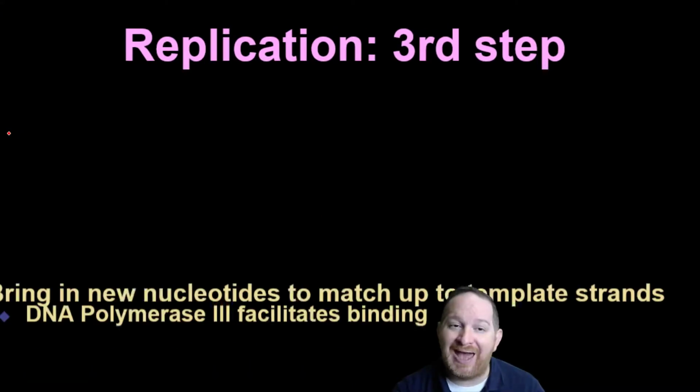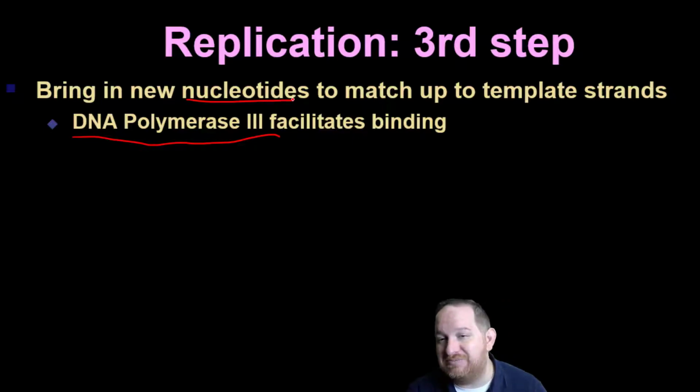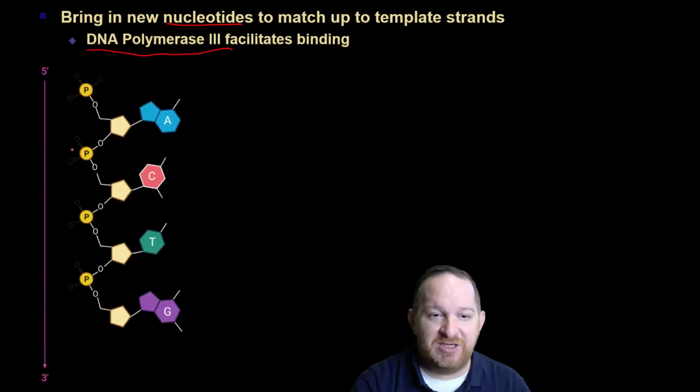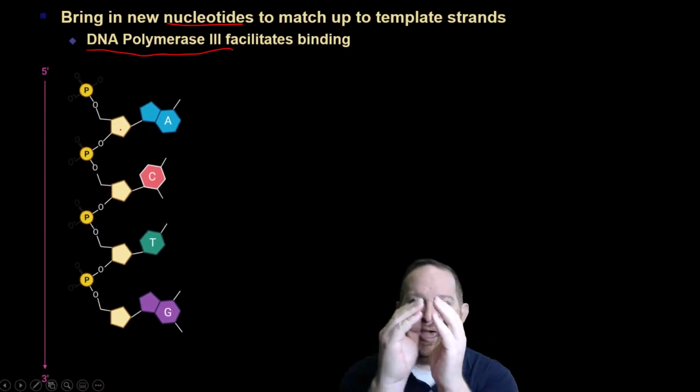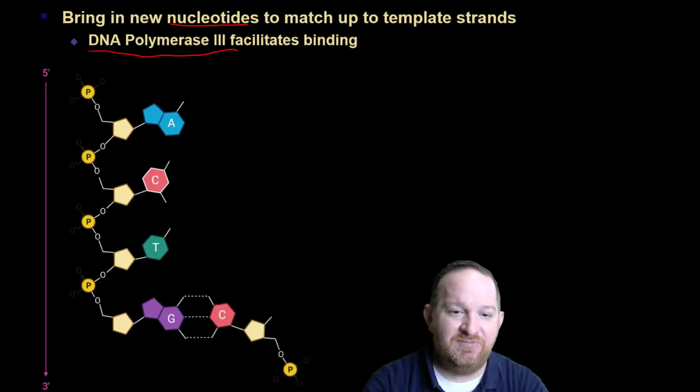Okay, then step 3 is the actual replication part. And this is when we're adding new nucleotides. So DNA polymerase 3, as I've mentioned, is what's going to be building these nucleotides and matching up to the template strands. So if this is one of my strands, right? So think we've got our DNA, we've taken it apart. Here's one side or one strand of the DNA.